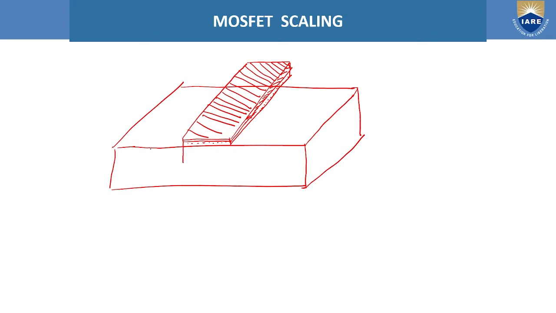We have the source and the drain regions. Source is N plus and drain is also N plus. N plus diffusion is represented by arrows inclined in this direction.